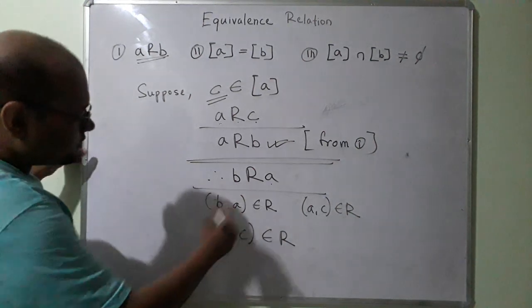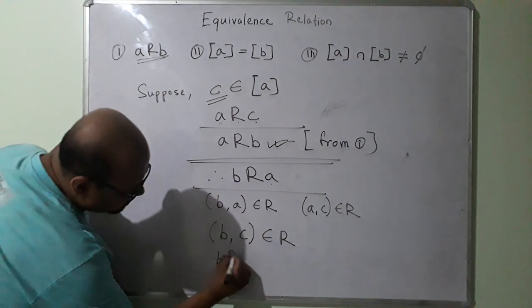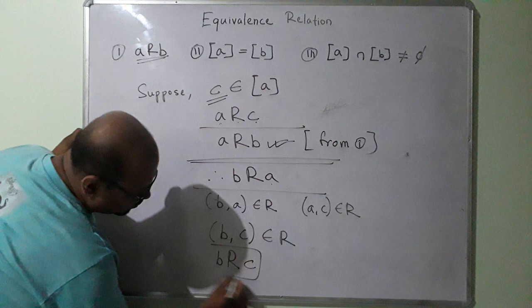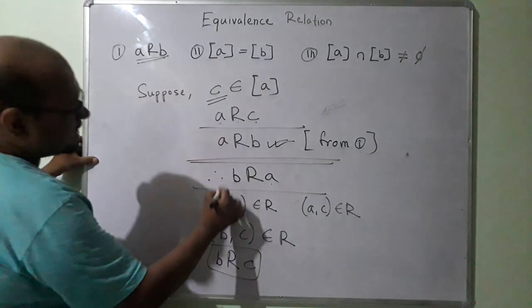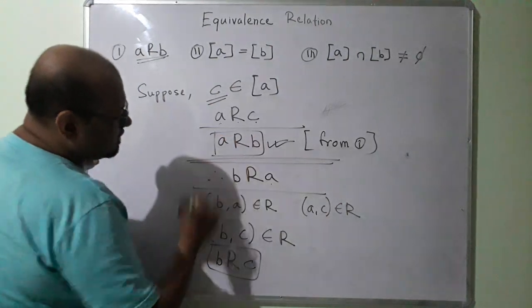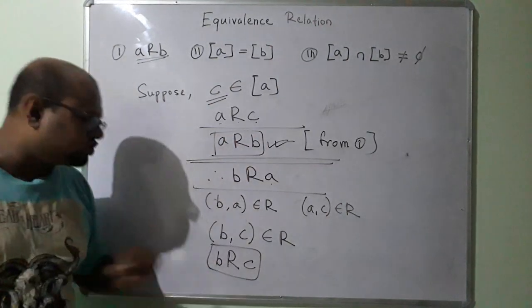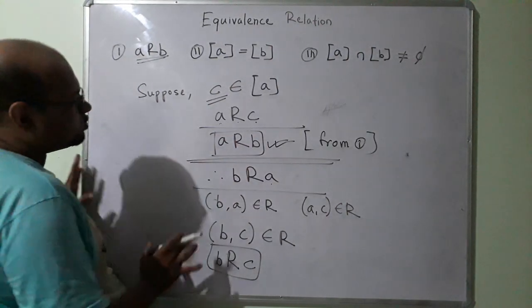So what do I know till now? I know that this is also true. We started off by assuming that this is true, and then we have shown that this is true. So what have we shown?